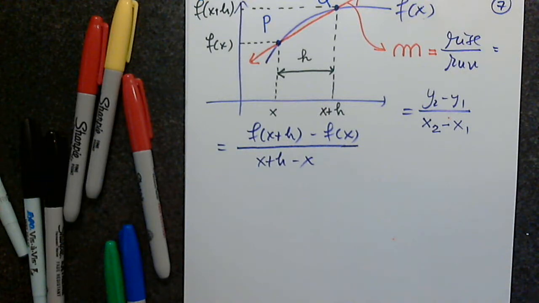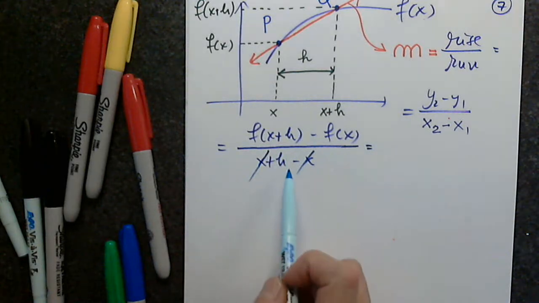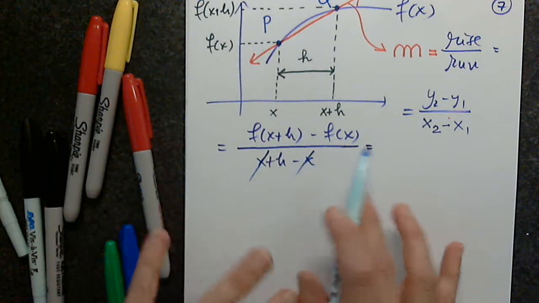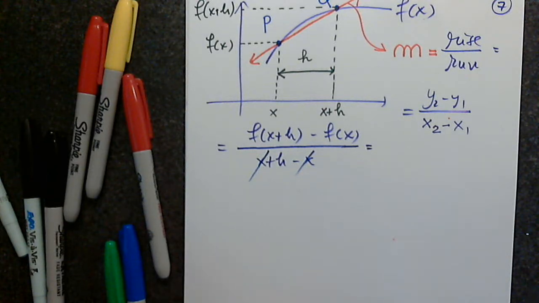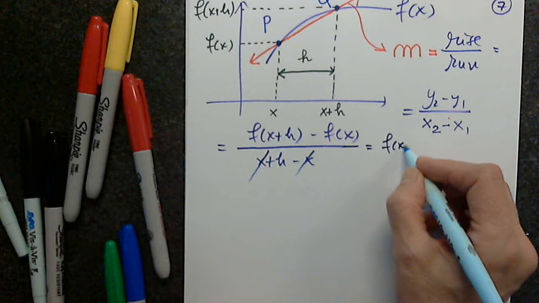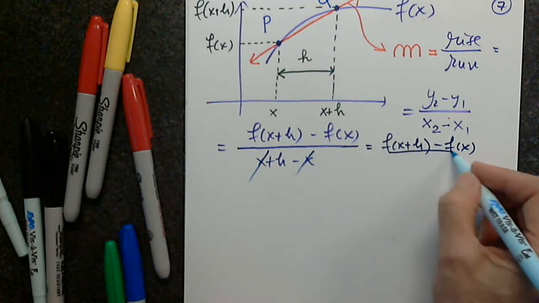Of course. It was a tricky question. I was hoping that no one would say, and no one did, to simplify h with h, or x with x, but just x with negative x in the denominator. Good. So this is f of x plus h minus f of x divided by h.